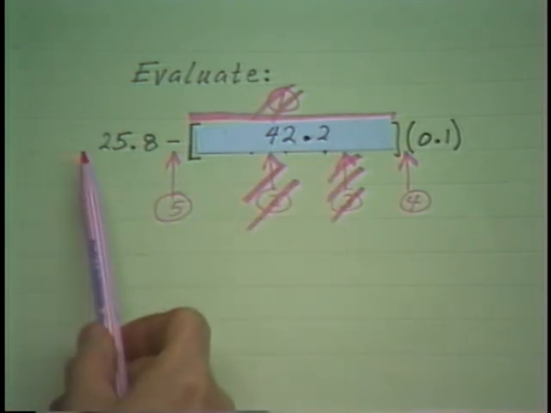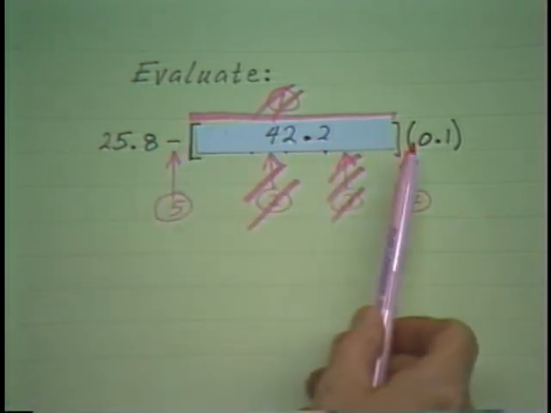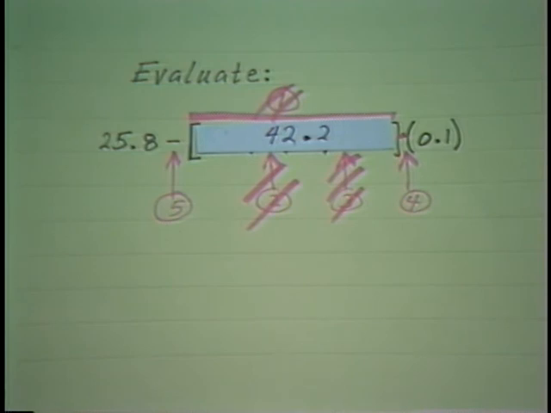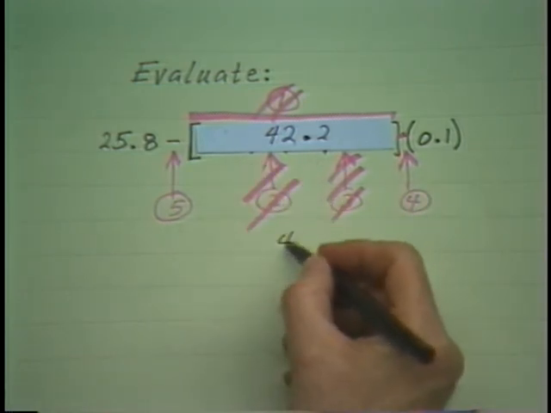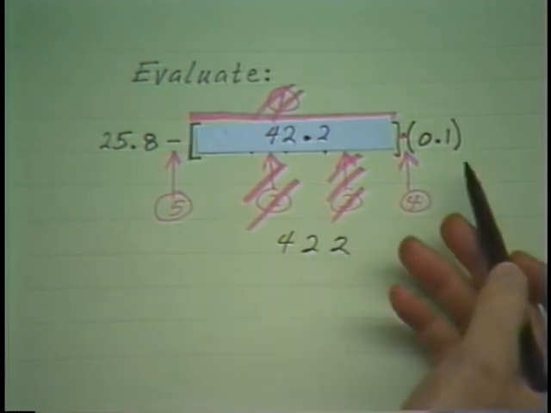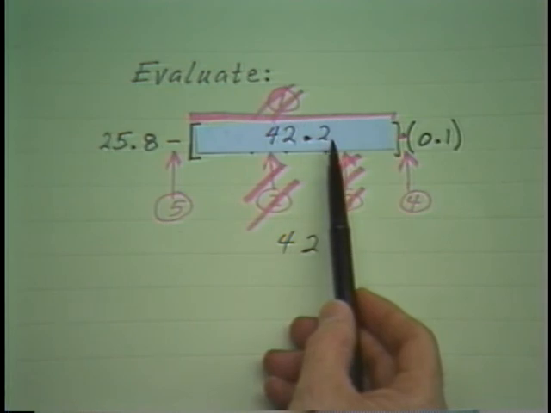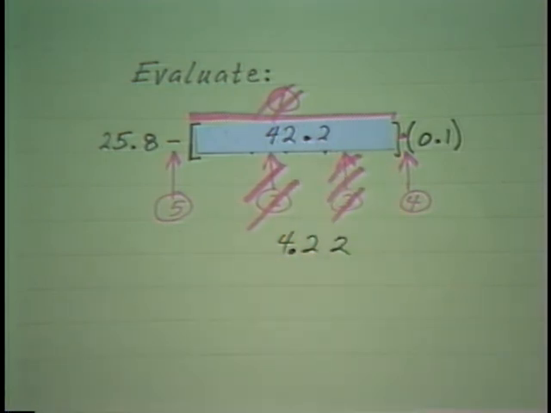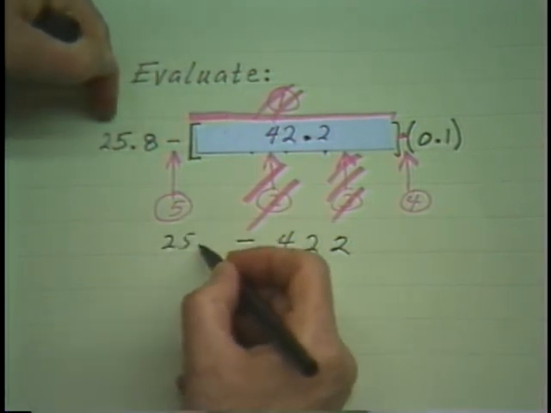So back to the beginning, we look for more multiplications and or divisions. So we now do that one. And we can see by inspection alone, this will be 42.2 because 1 times anything is itself. There's 1 decimal place, 1 decimal place, so 2 decimal places, and all that's left is this minus 25.8.